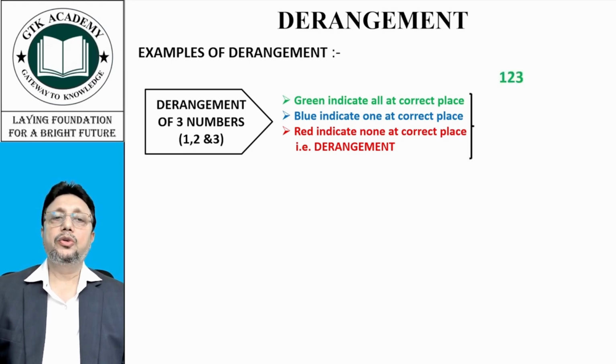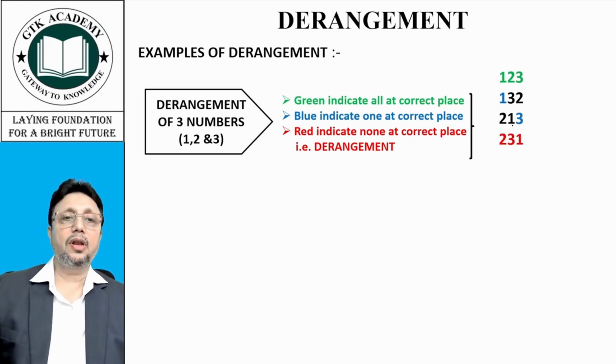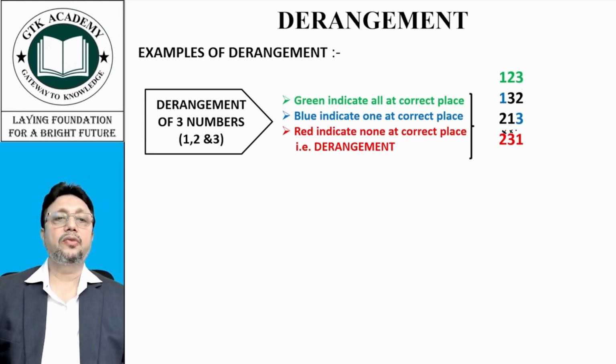Now 1, 2, 3, every number is at its correct place. Here 1 is at its correct place, 3 and 2 are not at their correct place, neither this nor this. Here 3 is at its correct place, 1 and 2 not at their correct place. Here none of the numbers is at its correct place, that is why I have marked in red.